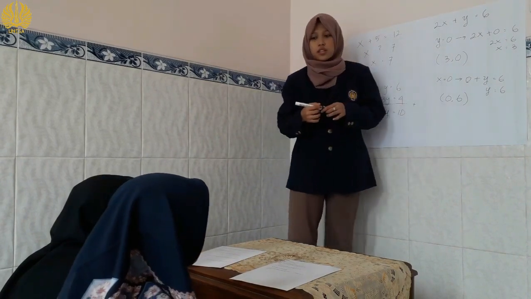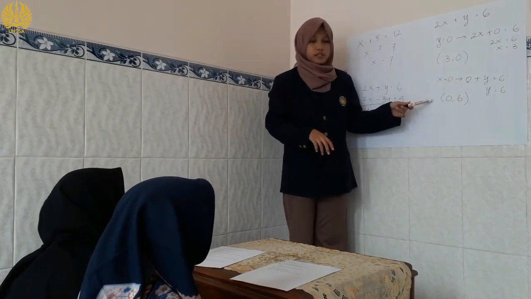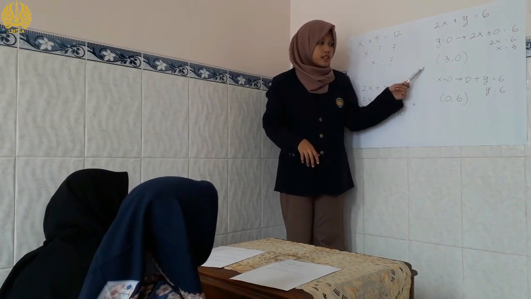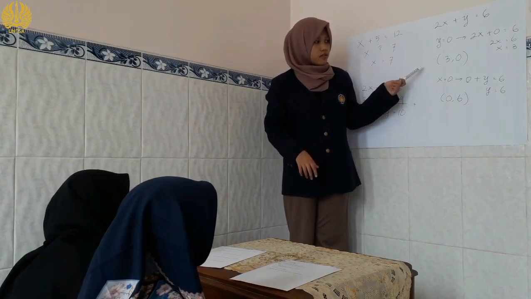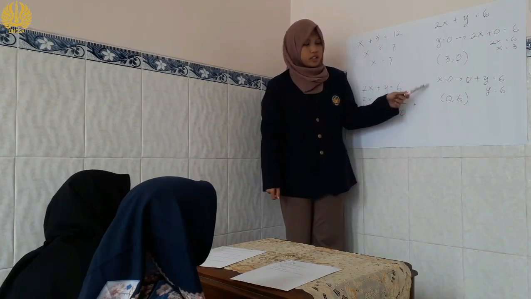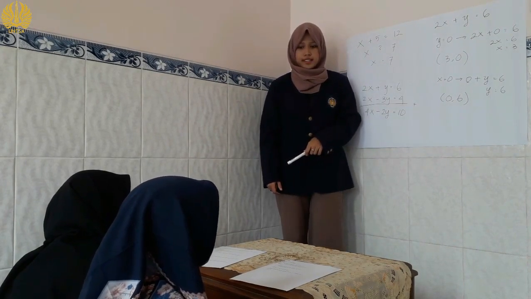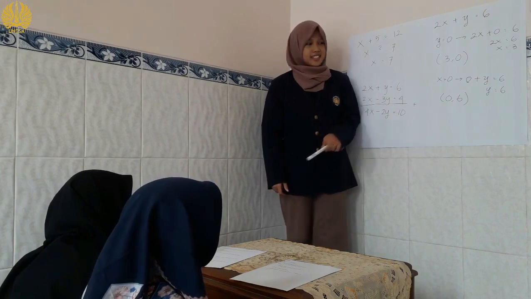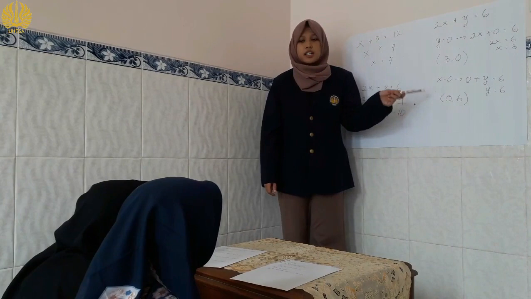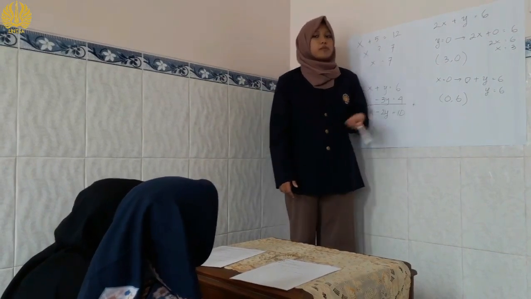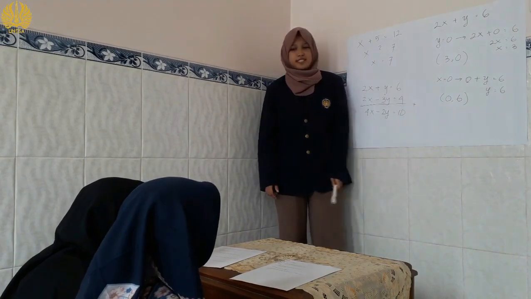Can you draw it in the Cartesian diagram if we have 2 points? What is the form of 2 points in the Cartesian diagram? Linear. Yes, it means these 2 points can make a straight line, so it's called a straight line equation.